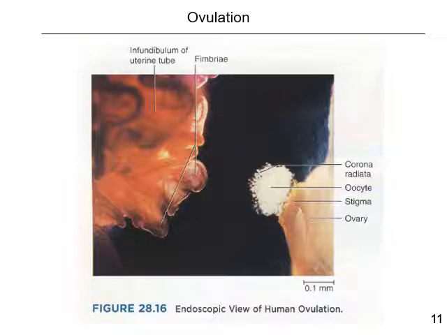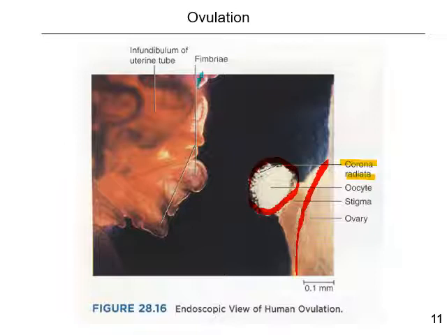This is an image of an ovulation. So here is the tunica albuginea of the ovary. The ovulating oocyte bursts out of the ovary, surrounded by the corona radiata, a layer of granulosa cells that goes along with the oocyte during ovulation.